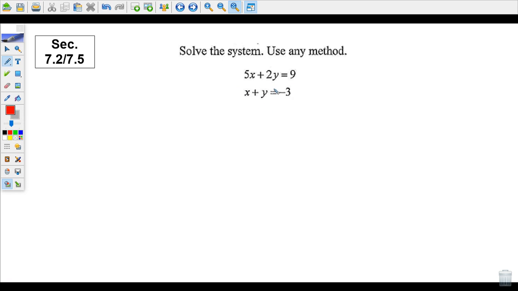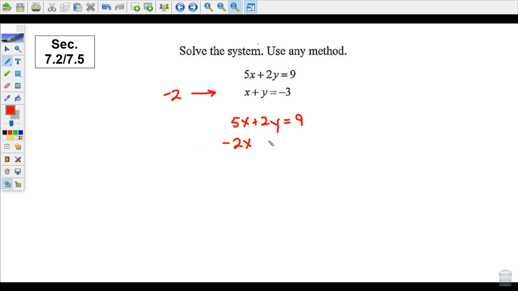To me, I like elimination. So I'm going to take this bottom one and I'm going to multiply it by -2. That will make the y's opposite, and then they will eliminate. So I'm going to leave the top one exactly the way it is, and I'm going to multiply the bottom one by -2.